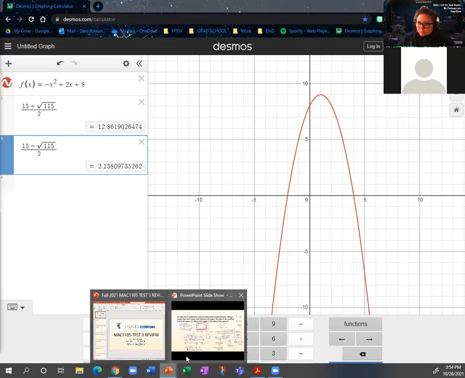Okay, I had a question. I tried to punch it in my calculator, but it's kind of hard to do the square root and the division sign at the same time. So what you can do is the 15 plus the square root of 115 first, hit enter, and then just type divide by 2, or you can do second answer to recall the answer from before and divide it by 2.